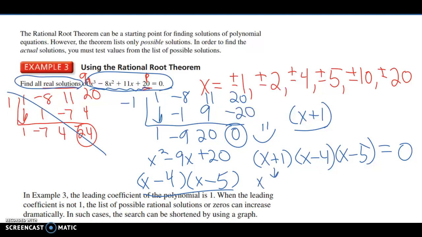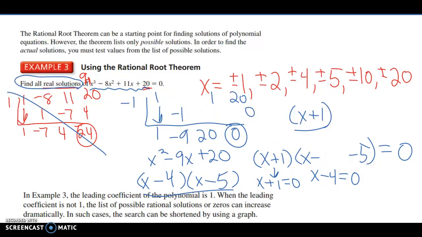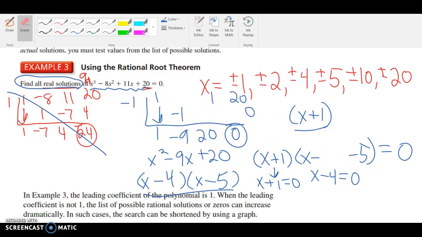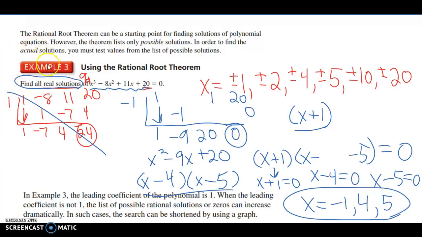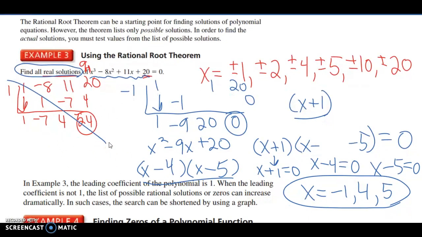From this, I get x plus 1 equals 0, x minus 4 equals 0, and x minus 5 equals 0. So what are my three answers? Those should be my real solutions to this polynomial equation: negative 1, 4, and 5.